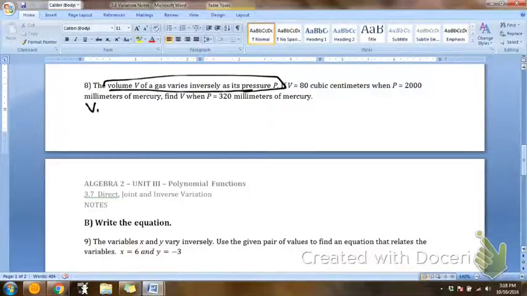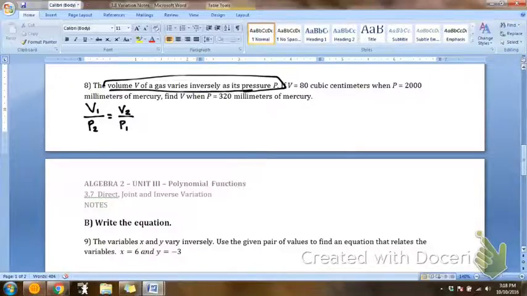So volume 1 is going to divide by pressure 2, right? Because it's inverse. They gave me volume first, so that's the one that goes first. And then I have volume 2 over pressure 1. Because that's how inverse variation works.